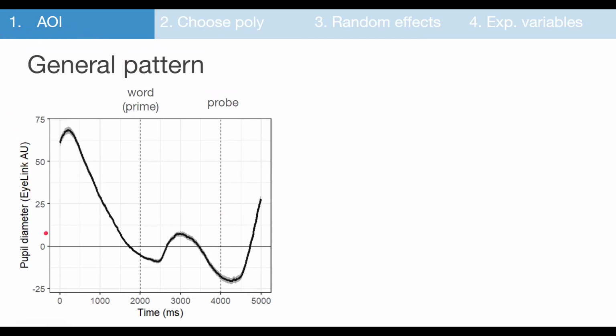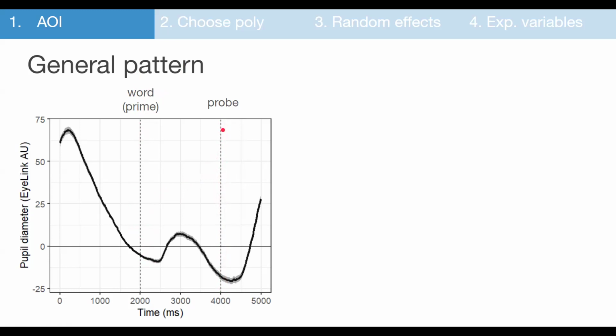And a good thing that we can do is to plot the pupil size without plotting the different conditions separately, right? So this is what we have here. We have first the 2 seconds of baseline. This is when the participants listen to the first word, that is the word that we are interested in. And then the second vertical line is the one that corresponds to the second word that they listen to.